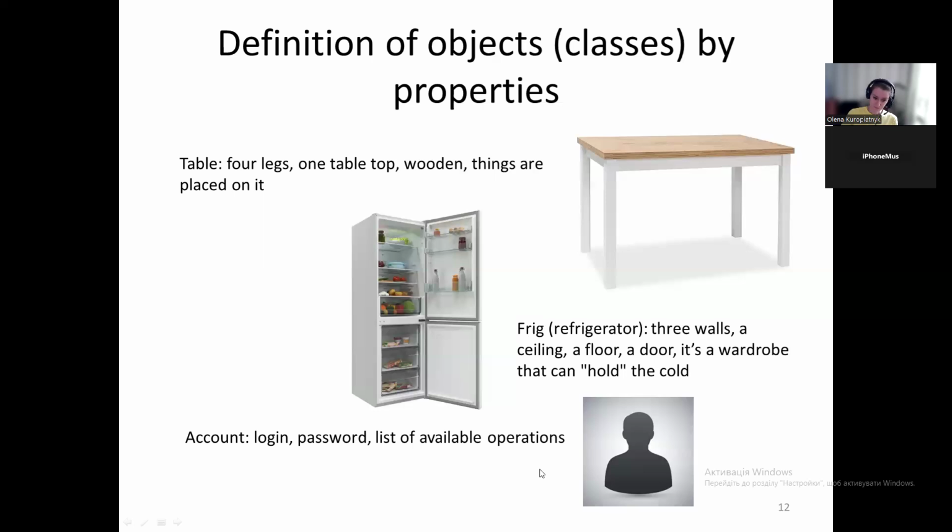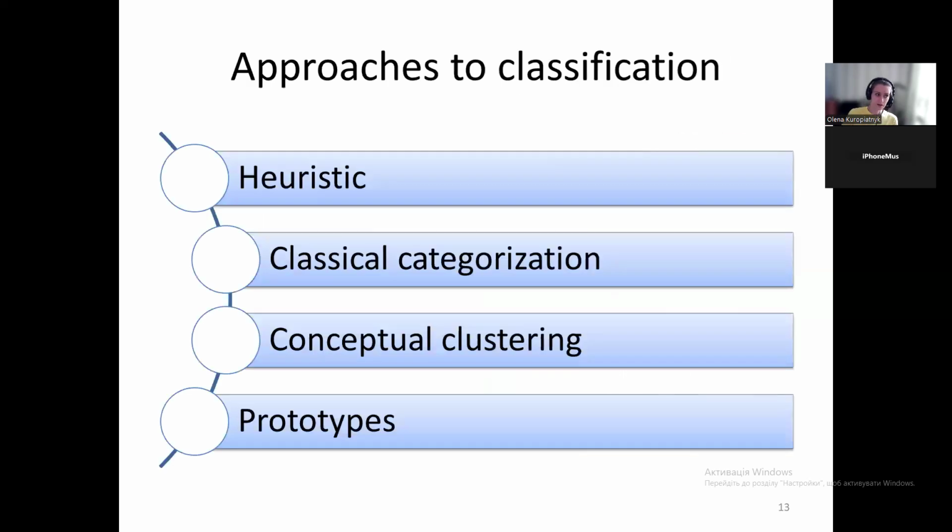And knowledge about properties, about static and dynamic properties, allows us to define the object in the world. We have several approaches to classification.